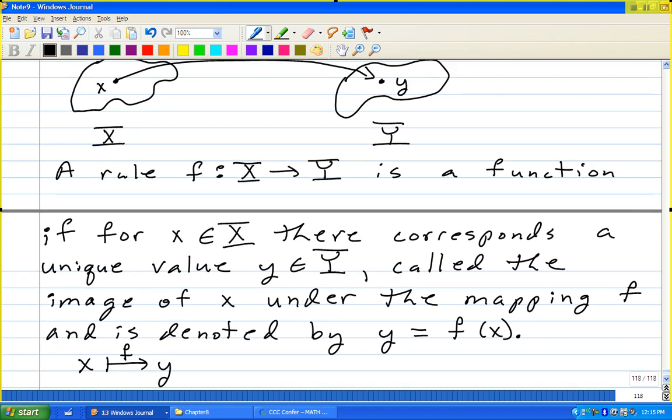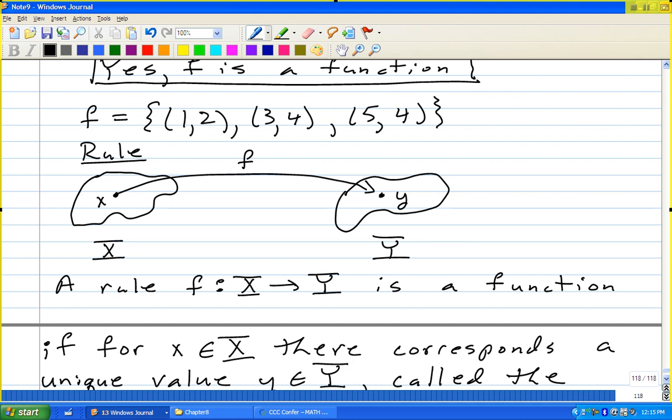Now, we will call this set of images the range of f.